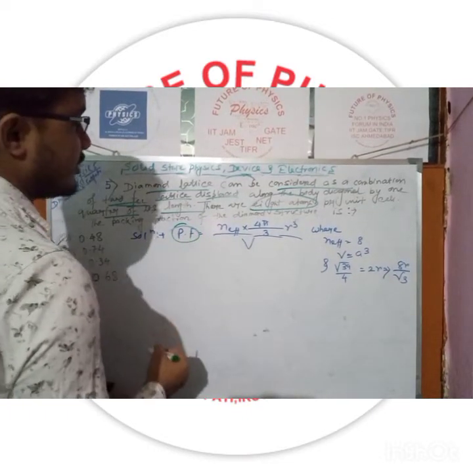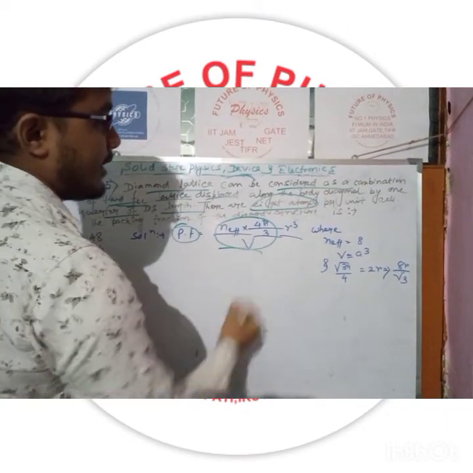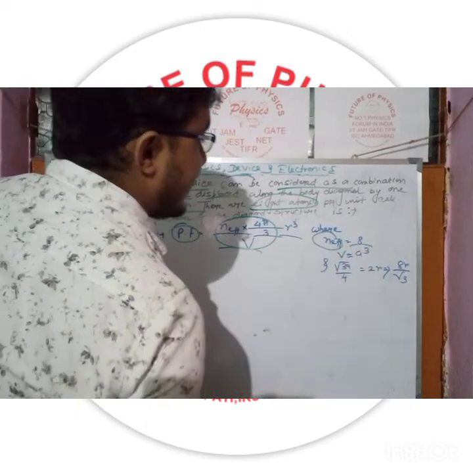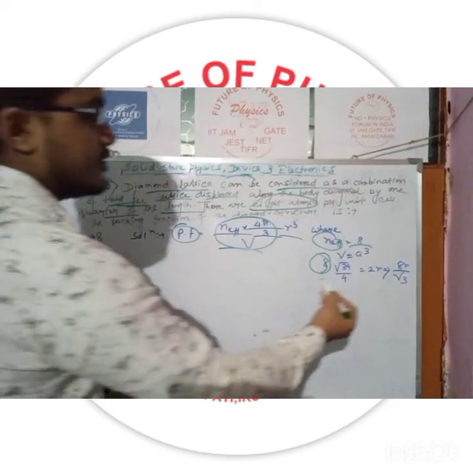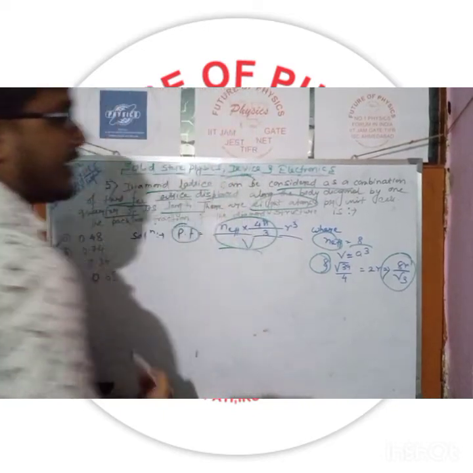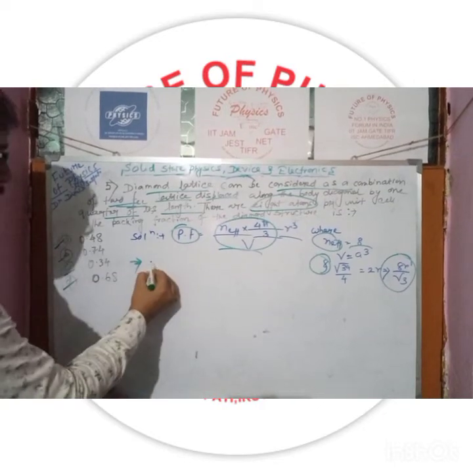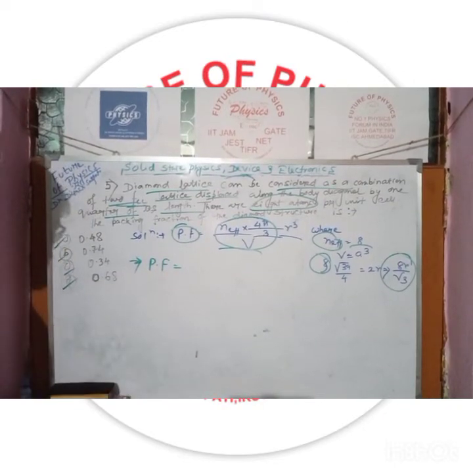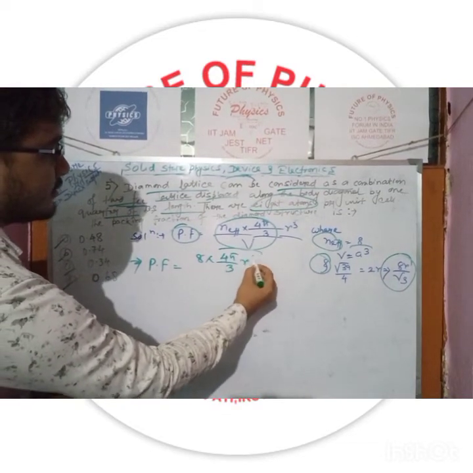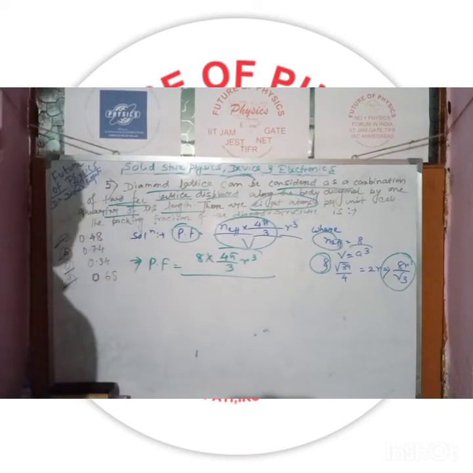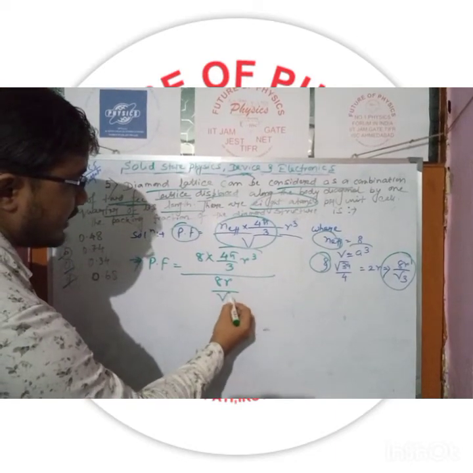Solution: PF equals N_eff into 4 pi by 3 R cube divided by V, where N_eff equals 8 and V equals a cube.